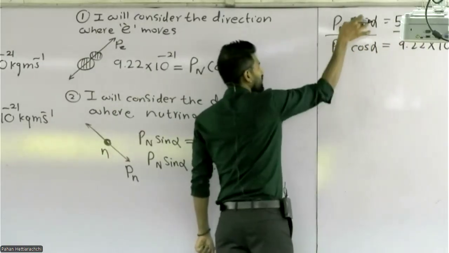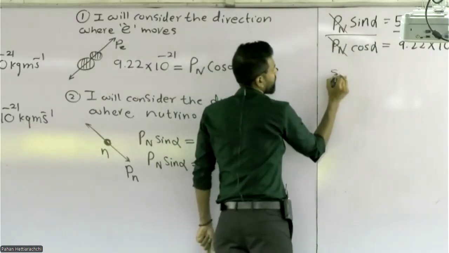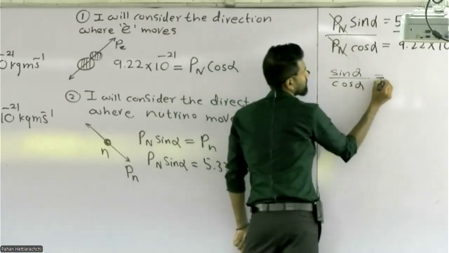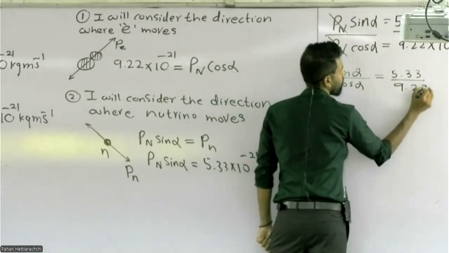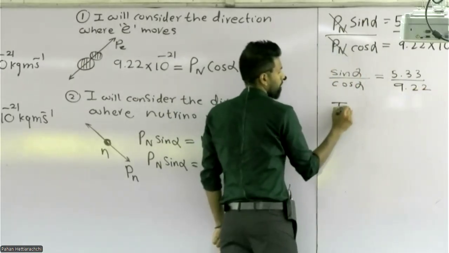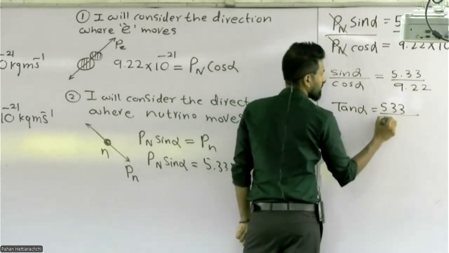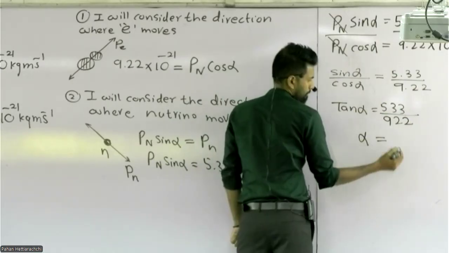I'm dividing one equation by the other. P_N will cancel out. Sin alpha over cos alpha is equal to 5.33 over 9.22. Tan alpha is equal to 533 over 922. I can find alpha.